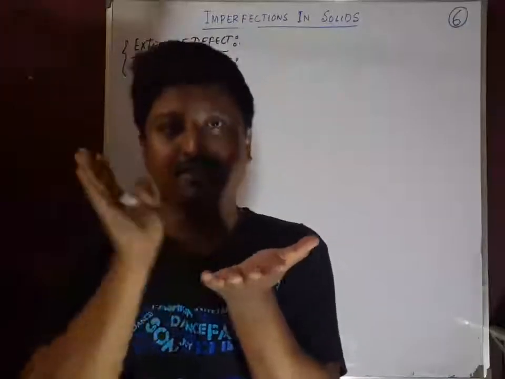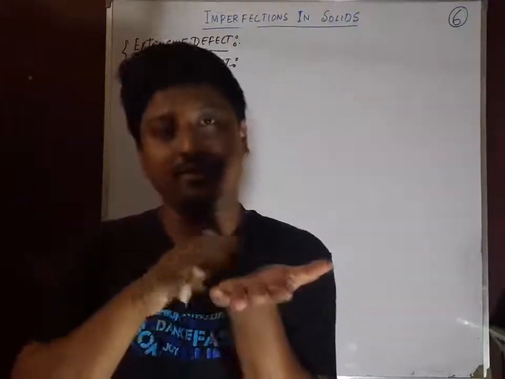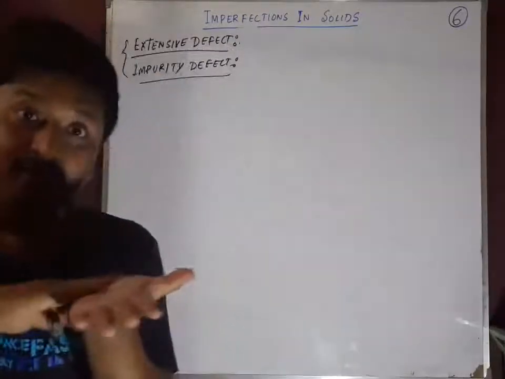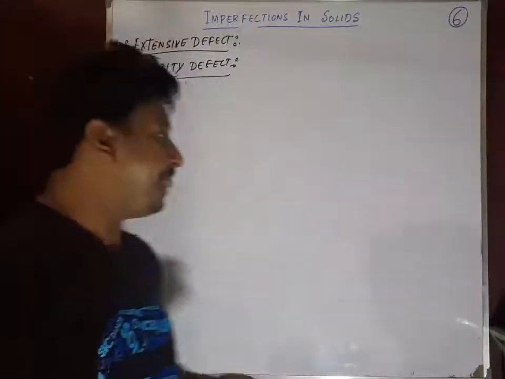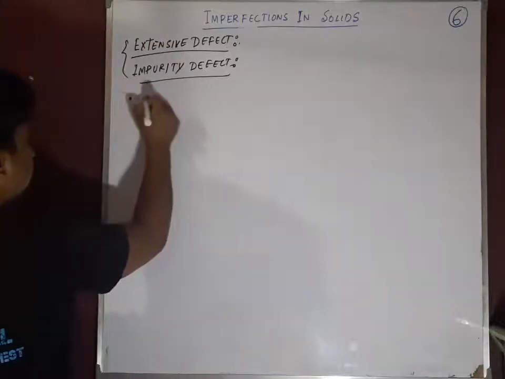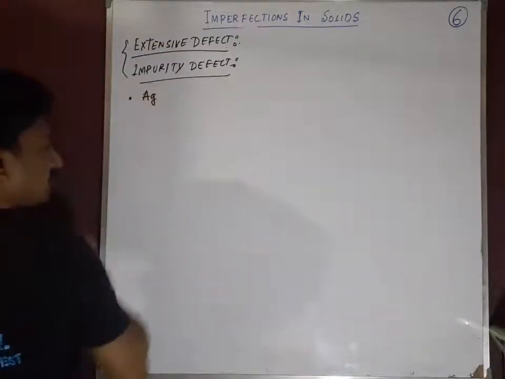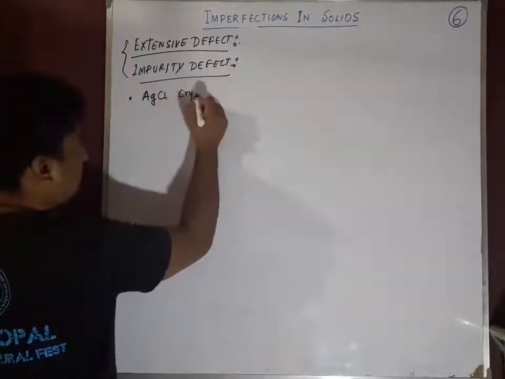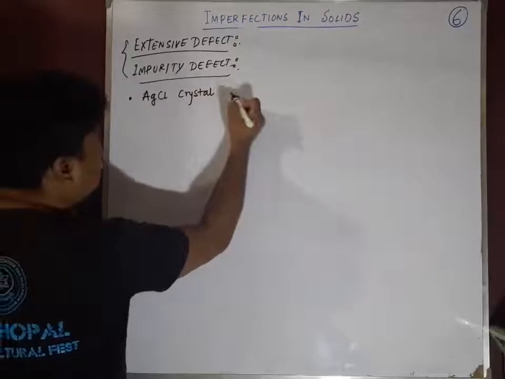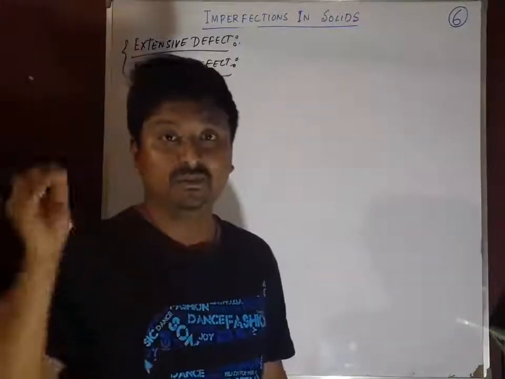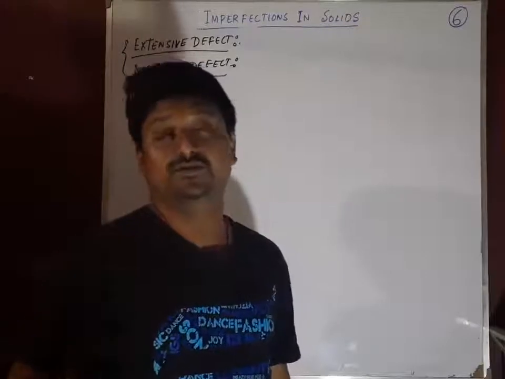Mercury is the impurity in that silver because it is a foreign particle relative to the silver. First example, let's say a silver chloride crystal. Adding impurities to pure substances is known as doping.